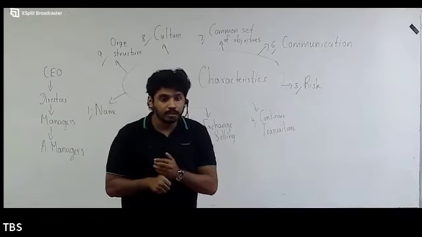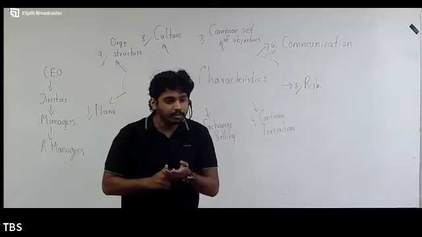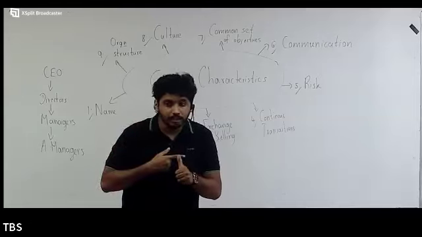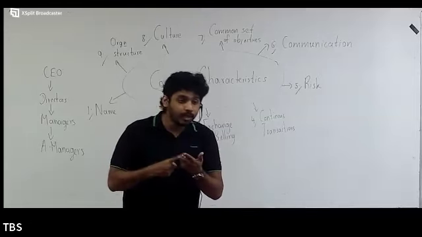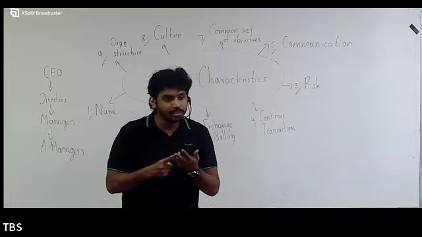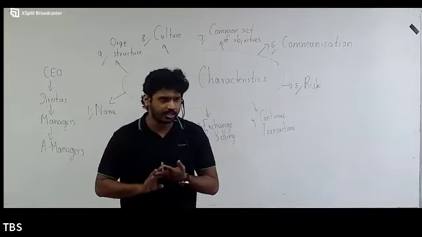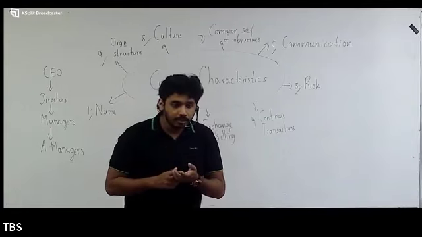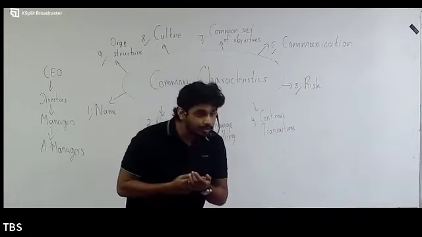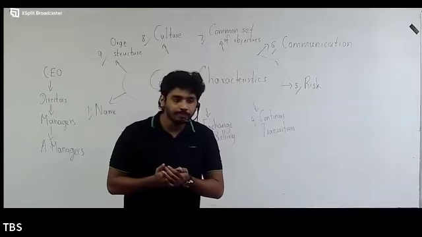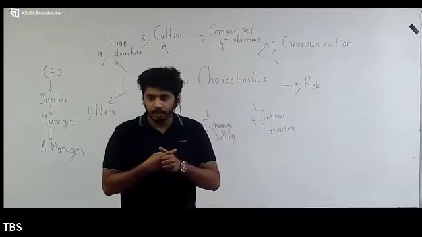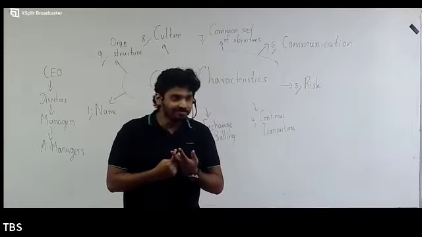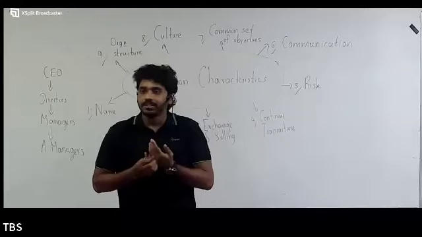First one, second one, third one, exchange and selling. Fourth one, continuous transaction. Fifth one, risk. Sixth one, communication. Seventh one, common set of objectives. Eighth one, culture. Ninth one, organization structure.